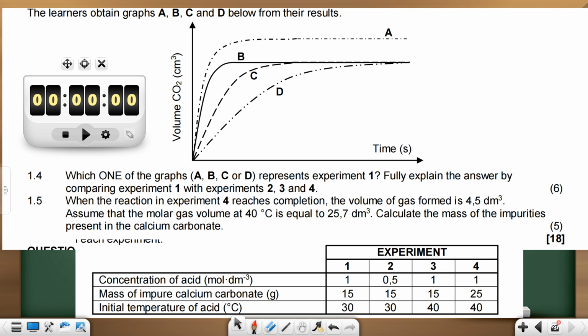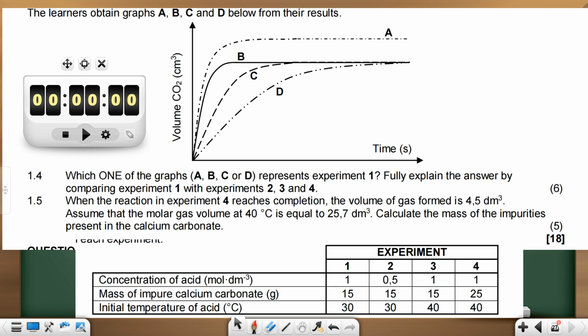All right, guys, welcome back. Let's have answers to this question quickly. Look at experiment 1, 2, 3, 4. Which one is very different? 4 is very different in terms of the mass that we are using. If I use a bigger mass of reactant, I'm expecting a bigger mass of product.